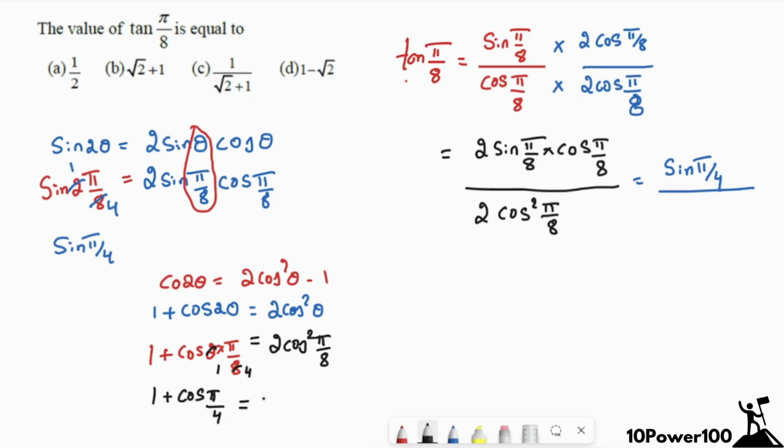That is equal to 2 cos square pi by 8. So in place of 2 cos square pi by 8, we can write 1 plus cos pi by 4.